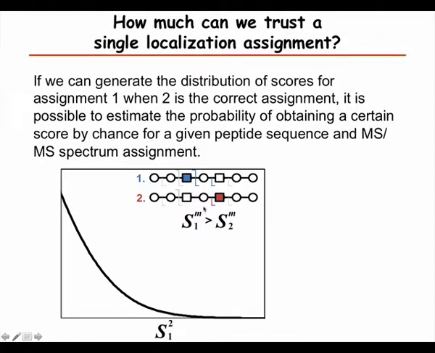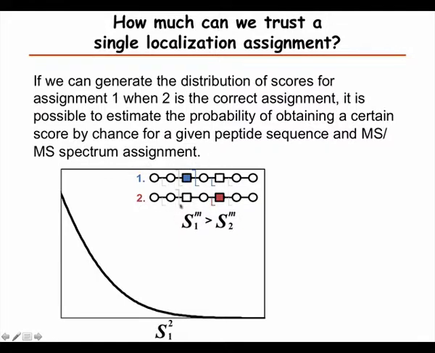And then we need to generate realistic mass spectra that are based on our data, selecting from the space that is realistic, and then estimate the probability that we get 1 by chance if 2 is correct.